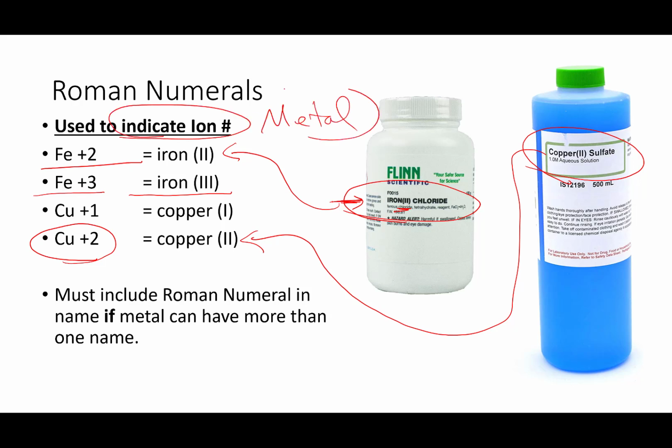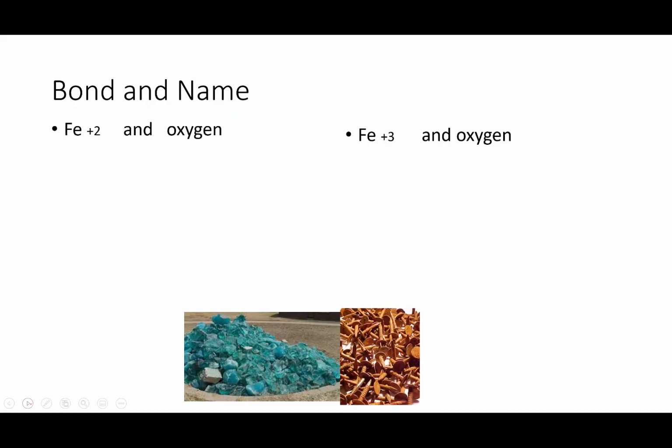But for you and I, this is the important part. If the metal can have more than one ion, you must include that Roman numeral in the name. That's a big, big, big idea, important thing. So let's go through a couple of these. Let's talk about iron 2 and oxygen and iron 3 and oxygen. So if I have iron 2 and oxygen, the most common ion produced of oxygen is -2.